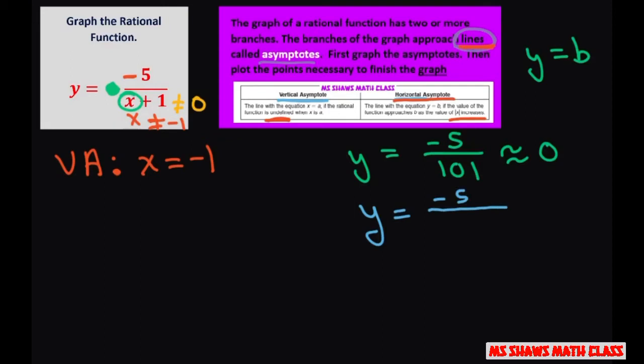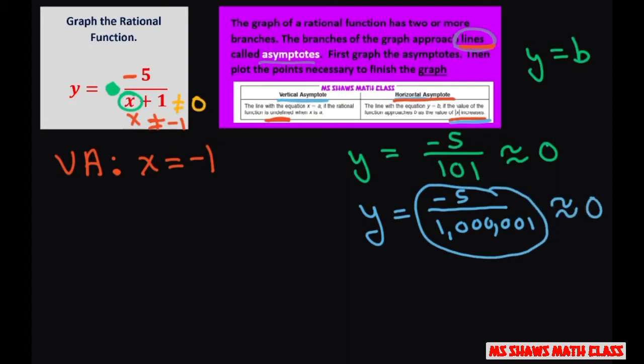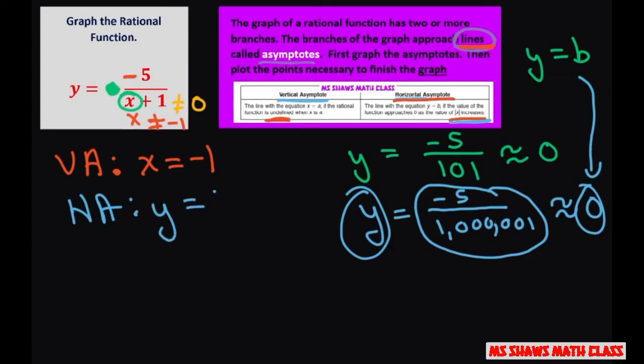You plug in 1,000,000 because it says as x increases, you'll plug in this. And that's very obvious that this number is very, very close to 0. So that's what your horizontal asymptote is going to be. That's your b. Your b is the 0. So y equals 0. And again, it's a line.